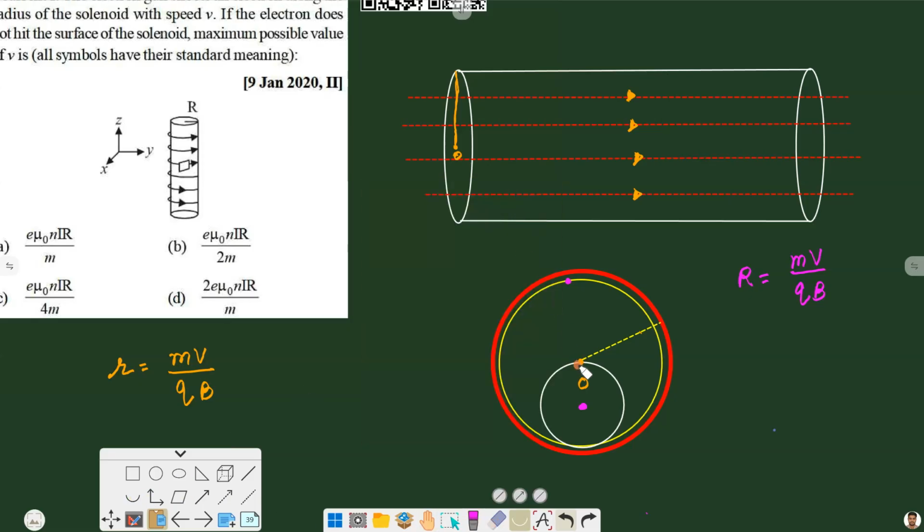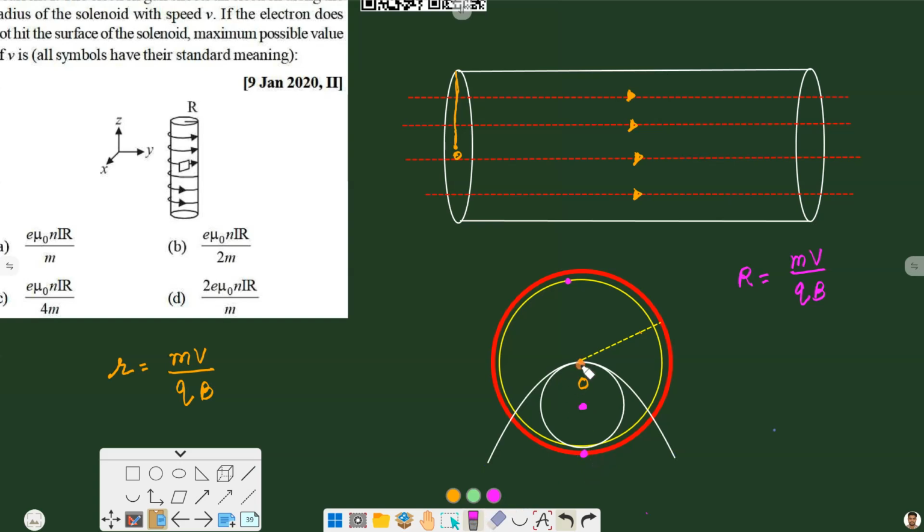As we know, the point of ejection will act as a point on the circumference, and if its radius is r, then its path will look something like this. As its radius is r, it will follow a circular path, and with radius r, its center will be here.